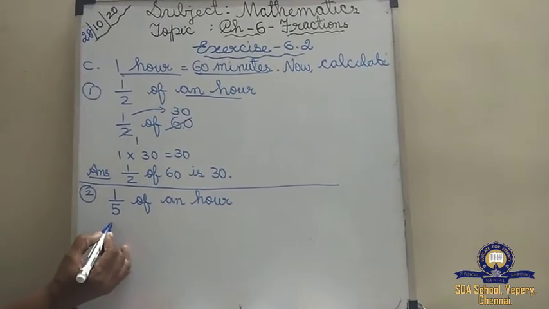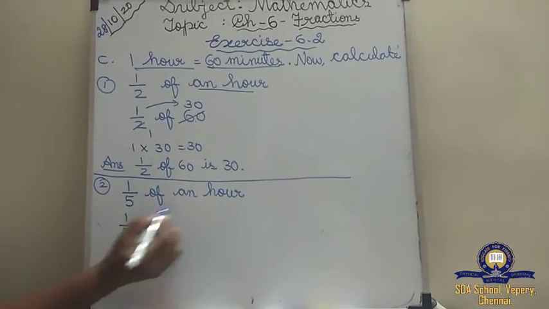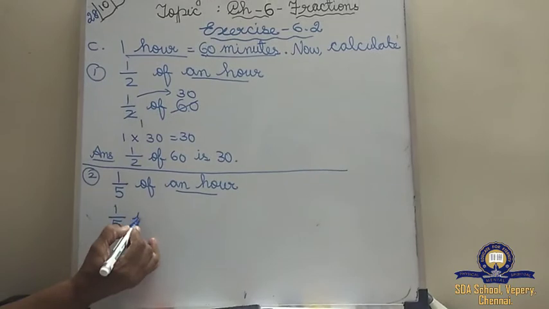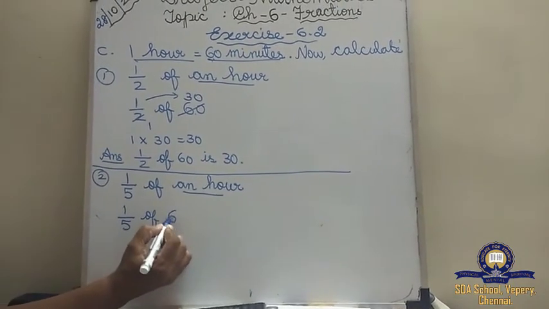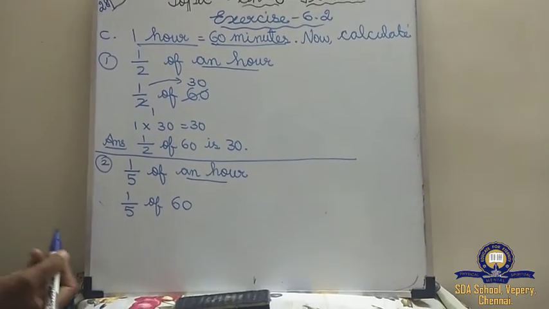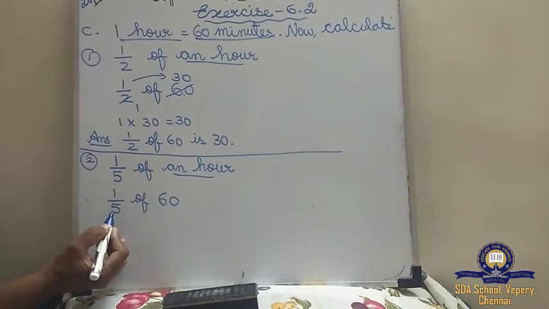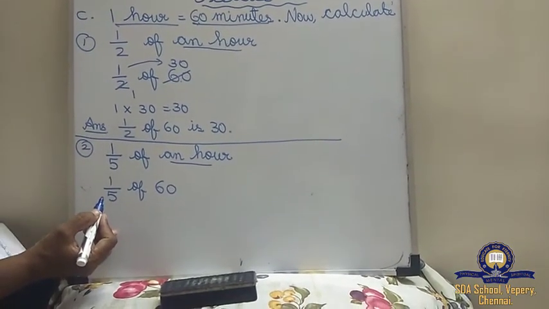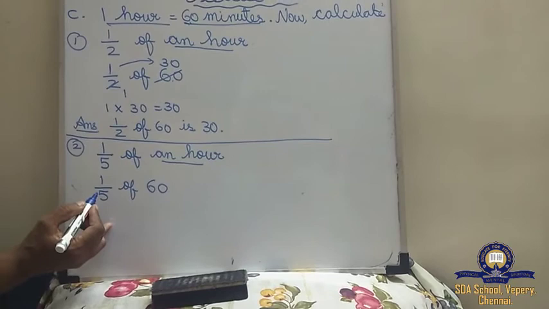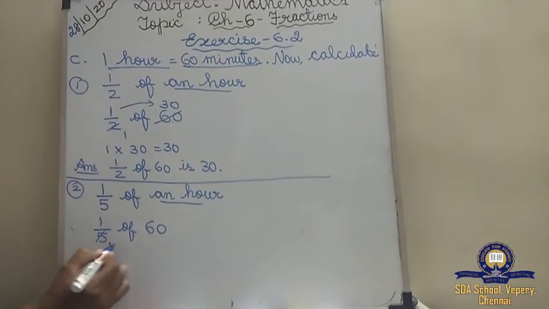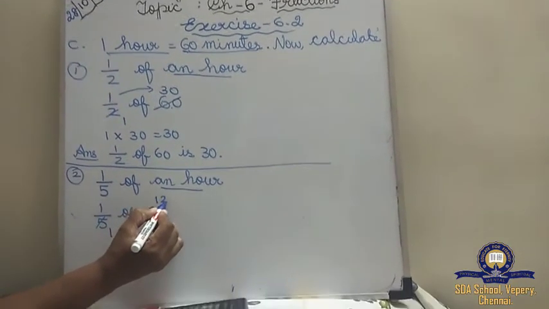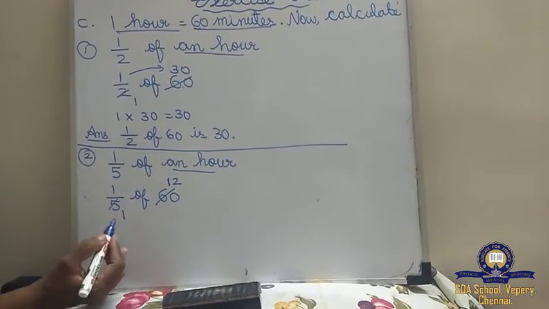So again here, 1 by 5 of an hour means what, children? 60. Isn't it, children? So 60 goes in the 5 table, isn't it? So what will come? 12 5s are 60.